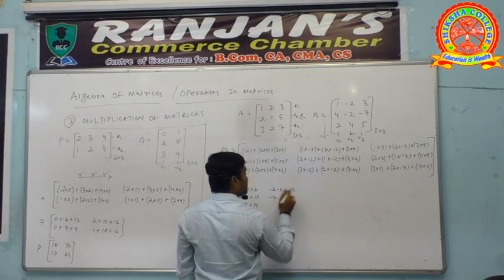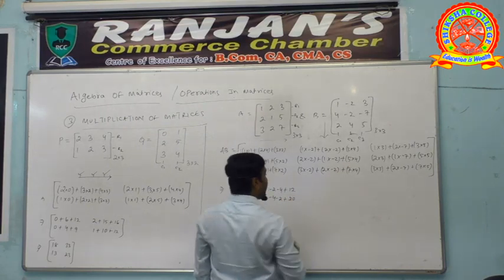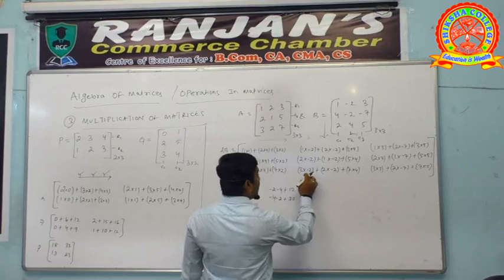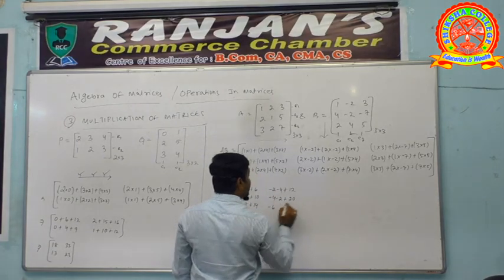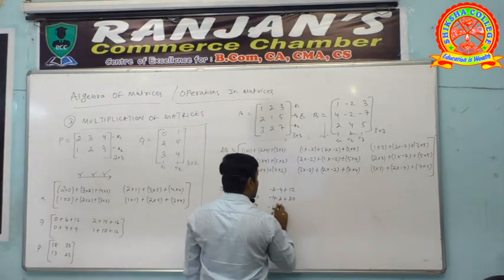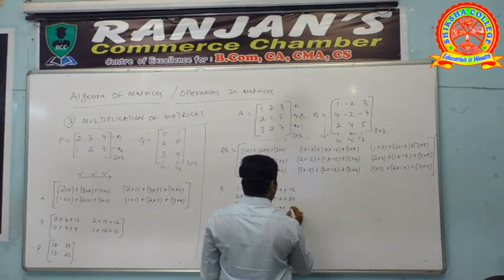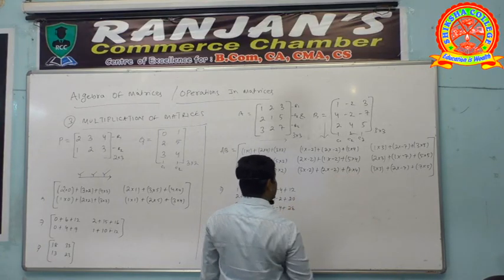So minus 2 plus minus, minus, plus 5 into 4 is 20. Then 3 into minus 2 is minus 6, plus 2 into minus 2 is minus 4. So minus plus minus, minus 4, plus 7 into 4 is 28.